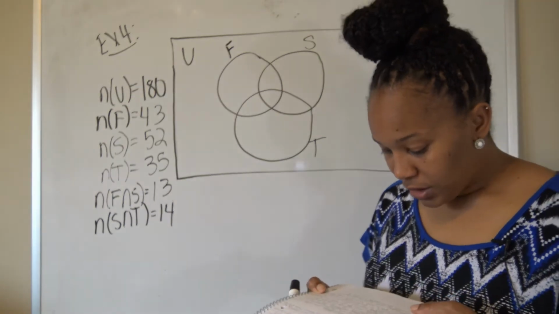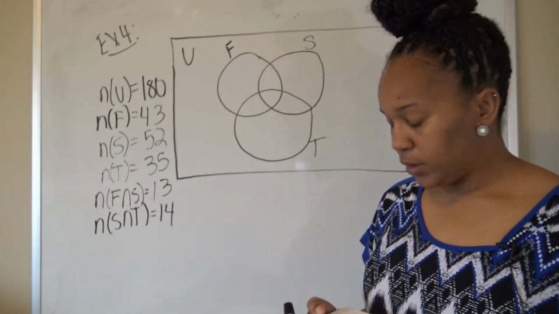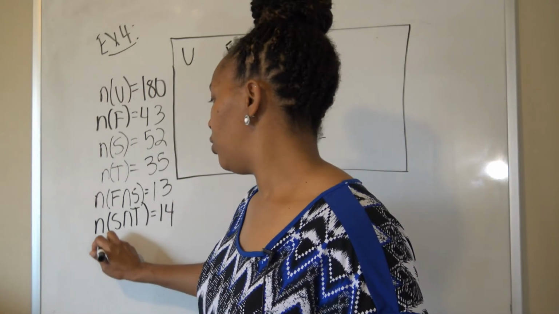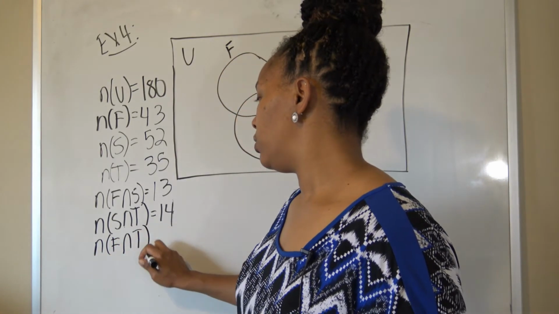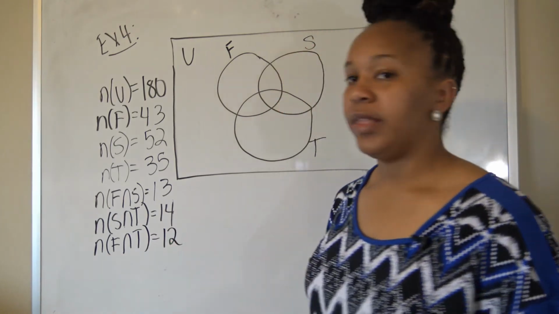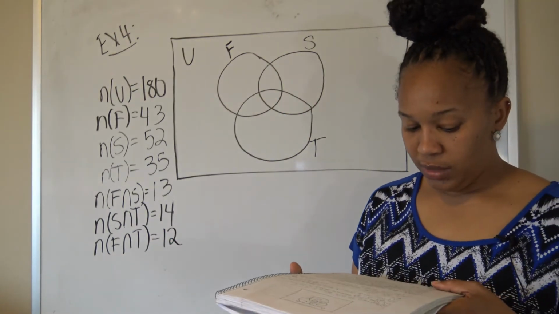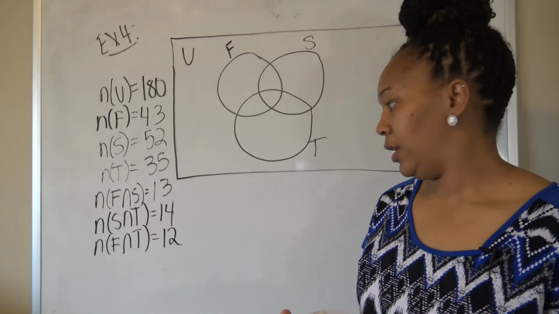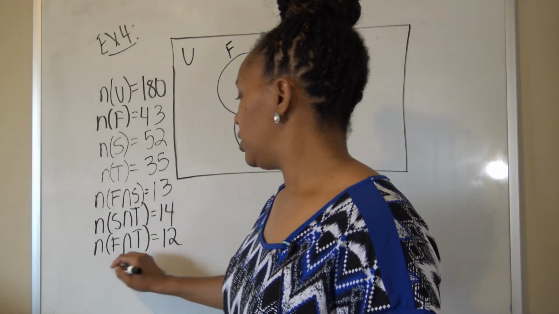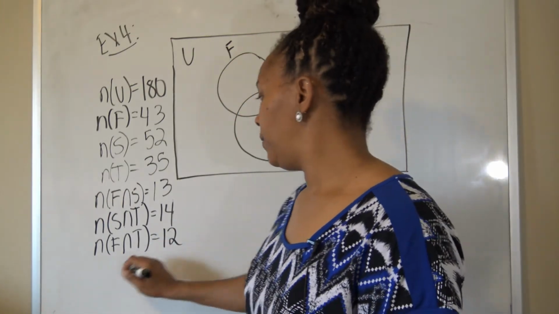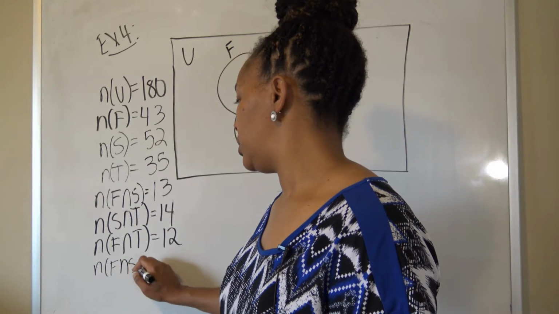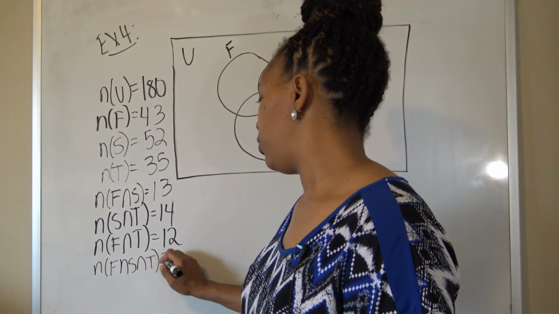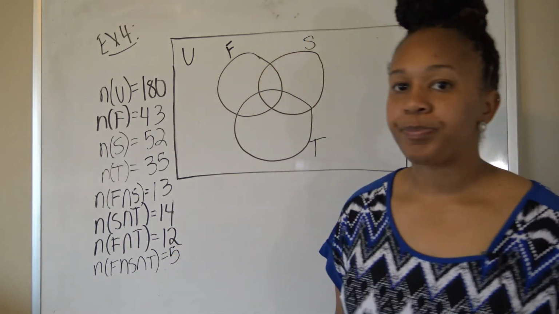It also told us that 12 participated in fraternities and tutorials. So fraternity intersect tutorials is equal to 12. And then the last piece of information that it gives us is that 5 students participated in all 3. And so that would be F intersect S intersect T. So the intersection of all 3 is 5.